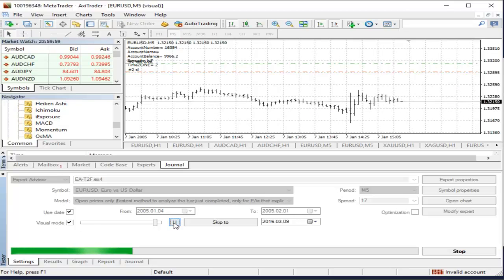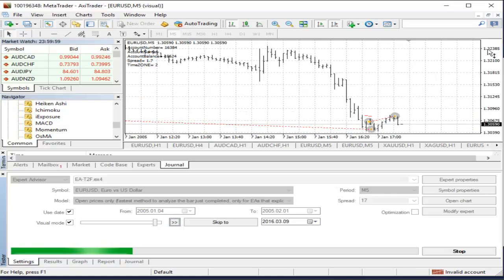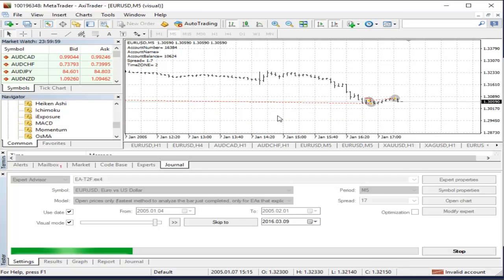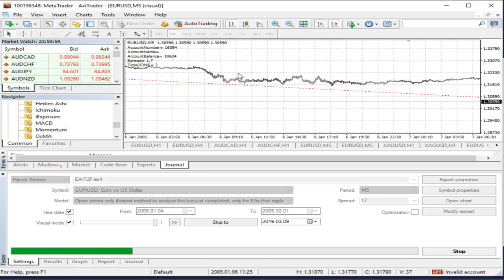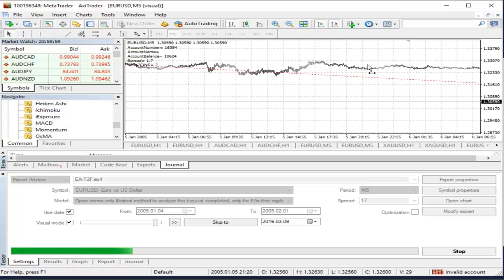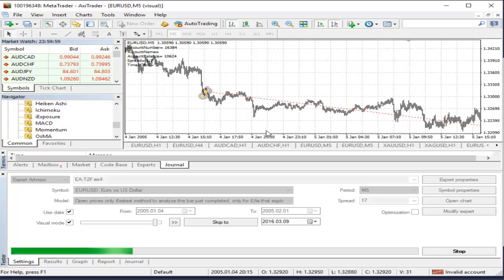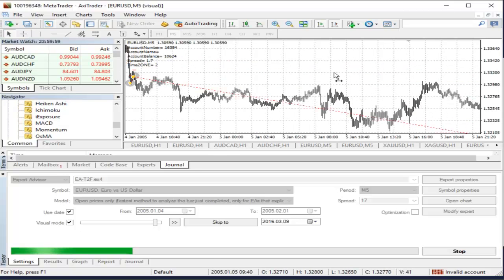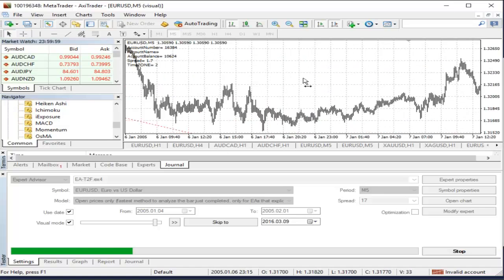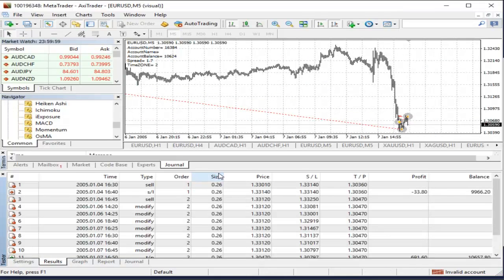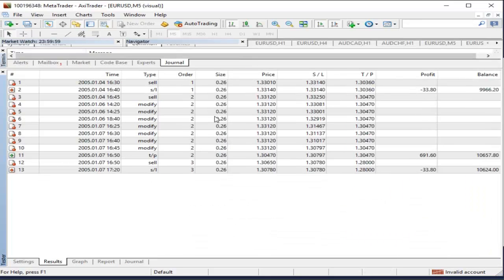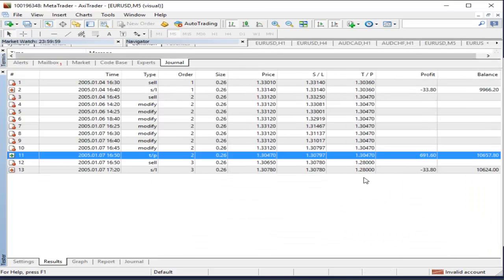And the bot considers, you see, it only moved it much, much later. It made a very long trade, and it took all of this trend beautifully, from the 4th of January till the 7th of January. It was 3 days open, and it made a 7% earning in one trade.